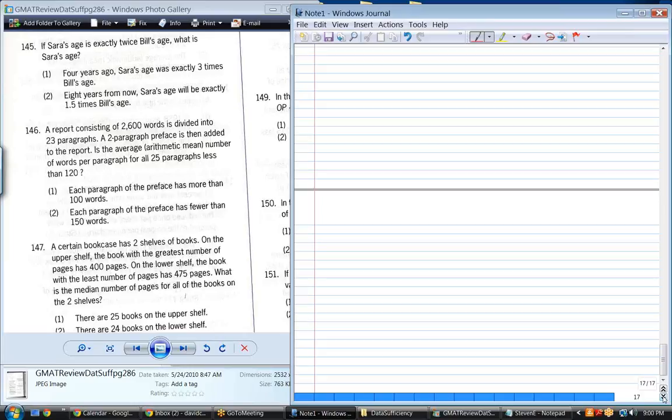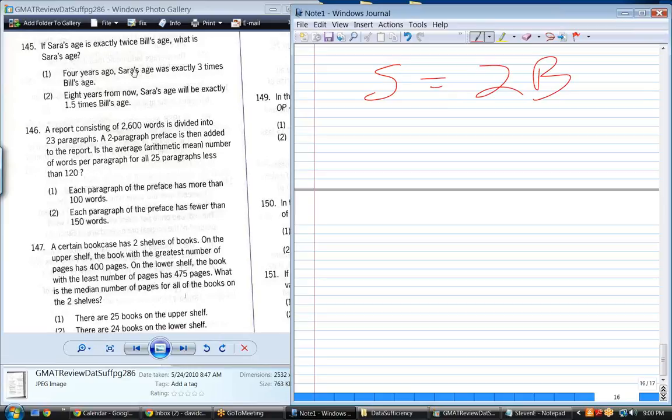8 years from now, Sarah's age will be exactly 1.5 times Bill's. Well, first of all, let's go back to 1. I think 1 does answer it. Why? Because Sarah is equal to 2 Bill, right? From the stem.